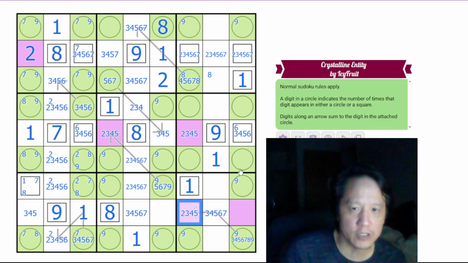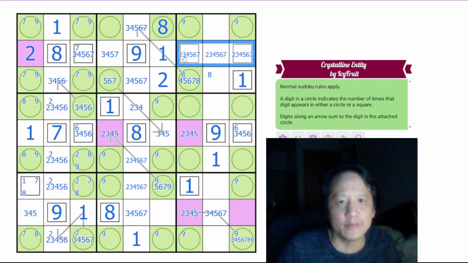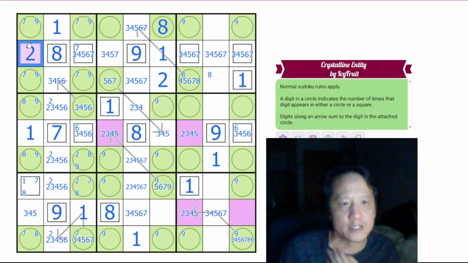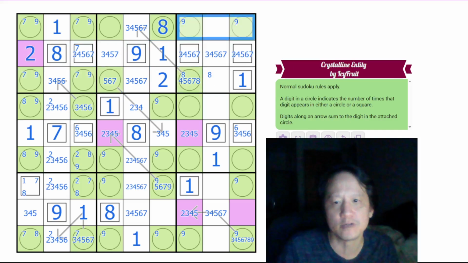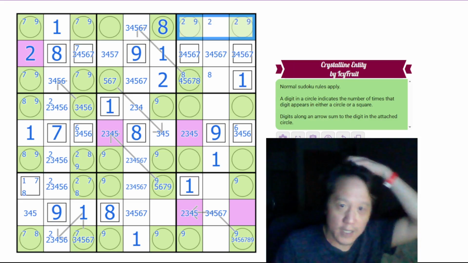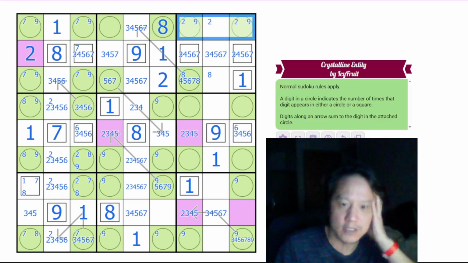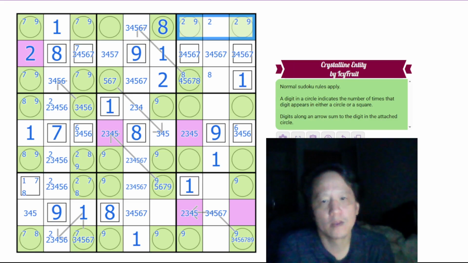Or if 2 is here, then 2 would have to be in one of these columns. Oh, and these can't be 2 because of the 2 that's here. Where is the 2 in row 1? It has to be one of these 3. Interesting.